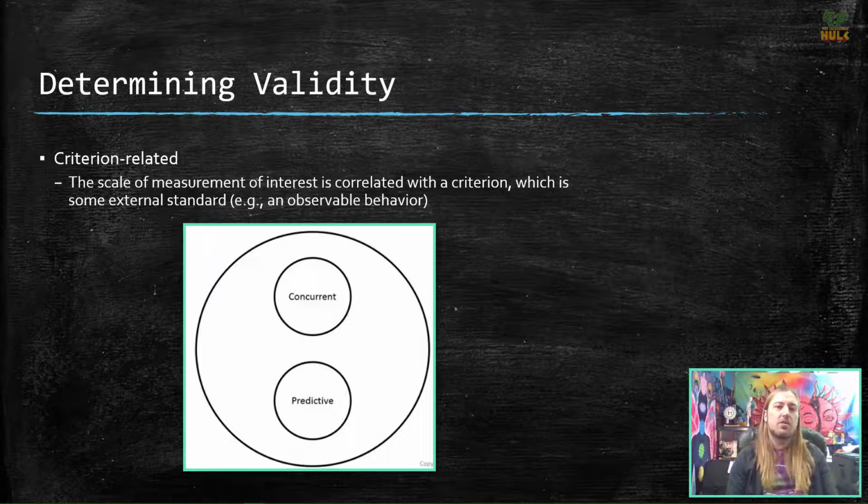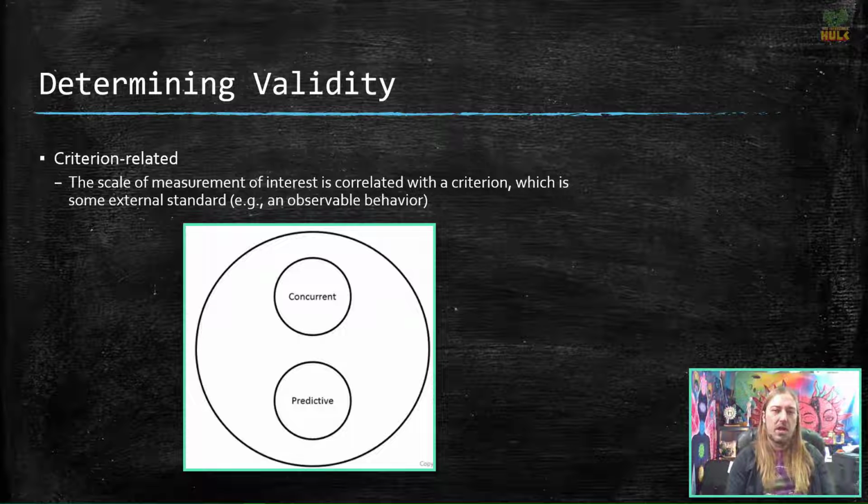So how do we measure validity then? How do we determine whether something has validity? More frequently, it's to compare it to some criterion, to some other established external standard. So let's say, for example, I wanted to see whether or not my measure of extroversion is accurate. Well, one thing I could do is, after 20, 25, 30 people fill out my extroversion scale, I give them a snack room break, where they can all go into the same room together and grab some snacks, get some Kool-Aid, sit around at tables, do whatever they want.